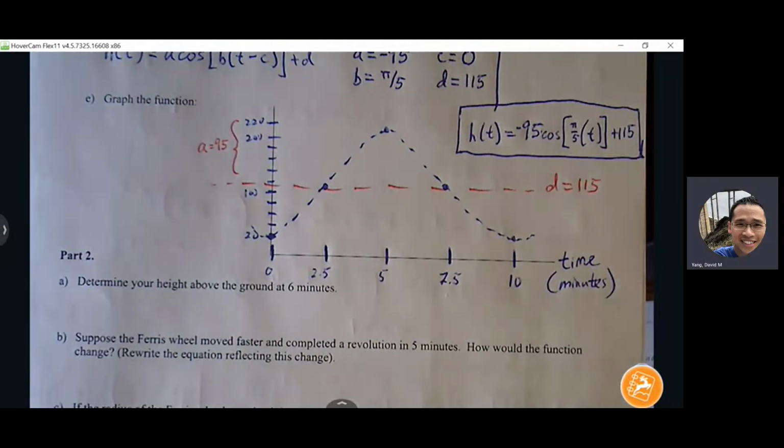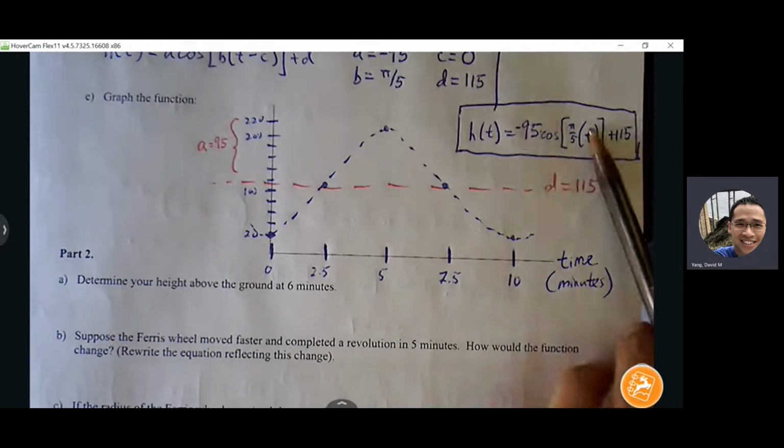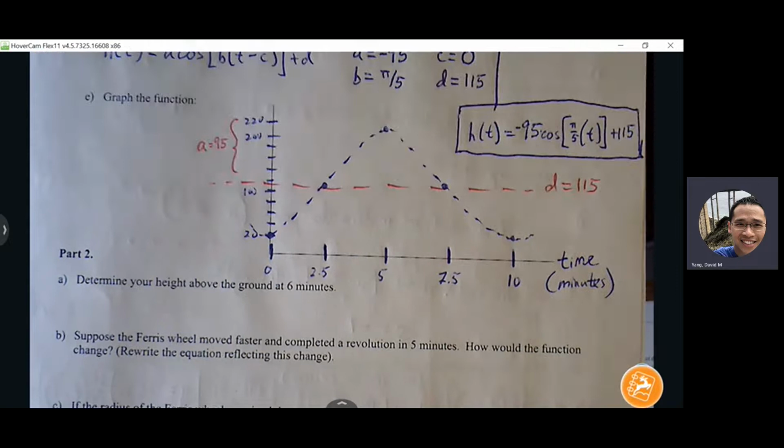All right, so part A, determine your height above the ground at 6 minutes. So how can this equation help us out? Yeah, plug in 6 for T. We've already built the equation, so now we can find all the heights for these points that are harder to do without a calculator.